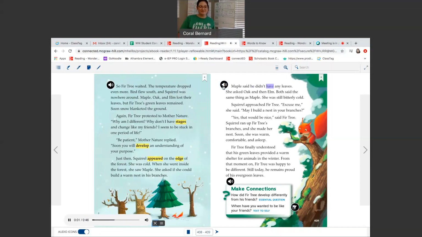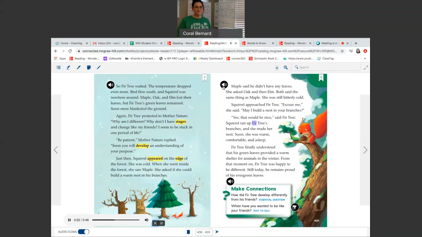Maple said he didn't have any leaves. She asked Oak and then Elm. Both said the same thing as Maple. She was still bitterly cold. Squirrel approached Fir Tree. Excuse me, she said. May I build a nest in your branches? Yes, that would be nice, said Fir Tree.